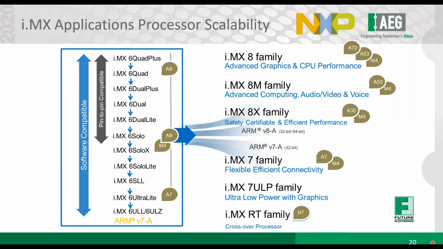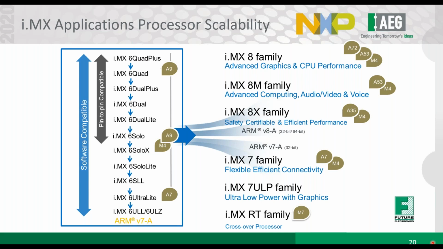Next up, kind of going up that spectrum, is the I.MX family of application processors. Now, again, it's kind of similar to the I.MX RT. We've got a wide variety of solutions here. So even if you're looking at, let's say, for example, a 32-bit architecture, you've got a lot of different options within the I.MX 6 family and the I.MX 7 family of application processors, where if you need things that are a little bit more focused from a graphics or a connectivity standpoint, you've got a variety of different options there.